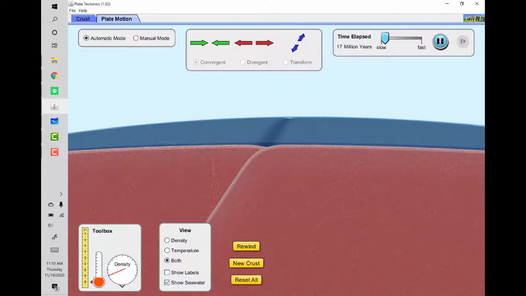And the reason for that, I believe, is that some of the material that is dragged down with this, some of that water and the sediment acts like a flux material. Flux is just something that helps a material melt at a lower temperature. So this stuff bubbles up and begins to form volcanoes.